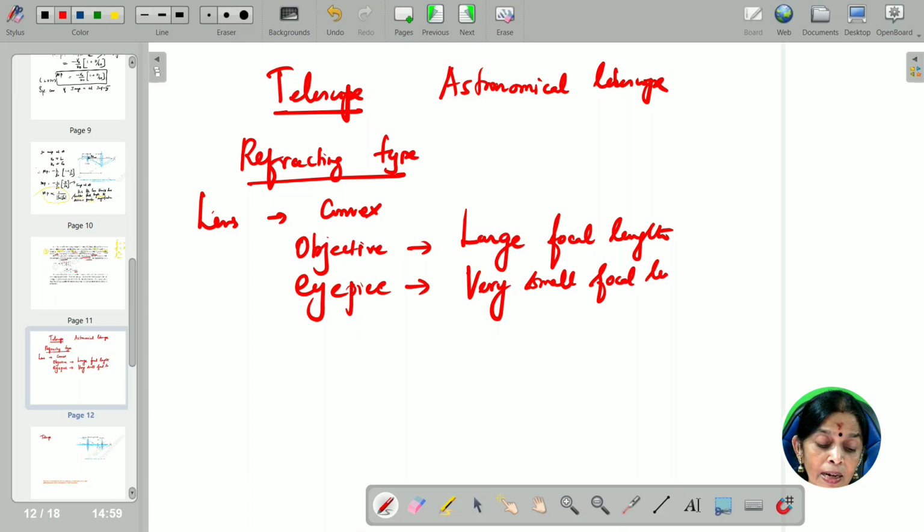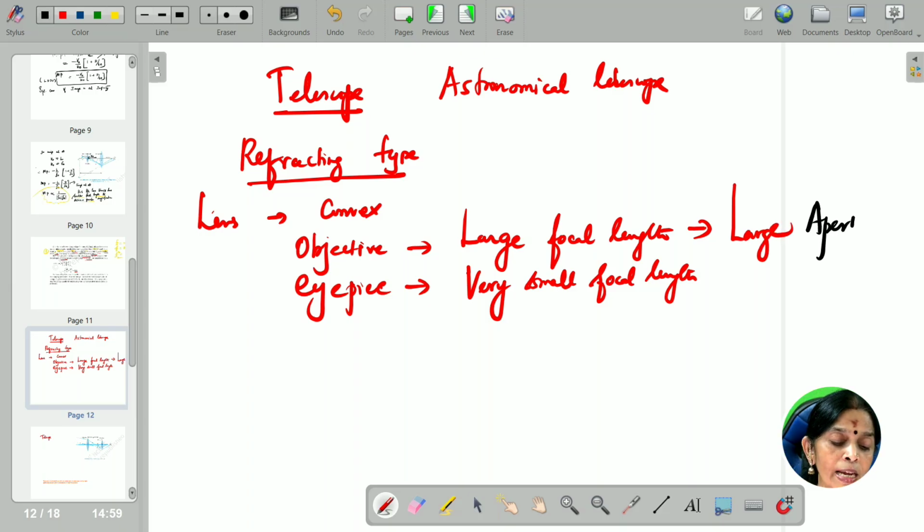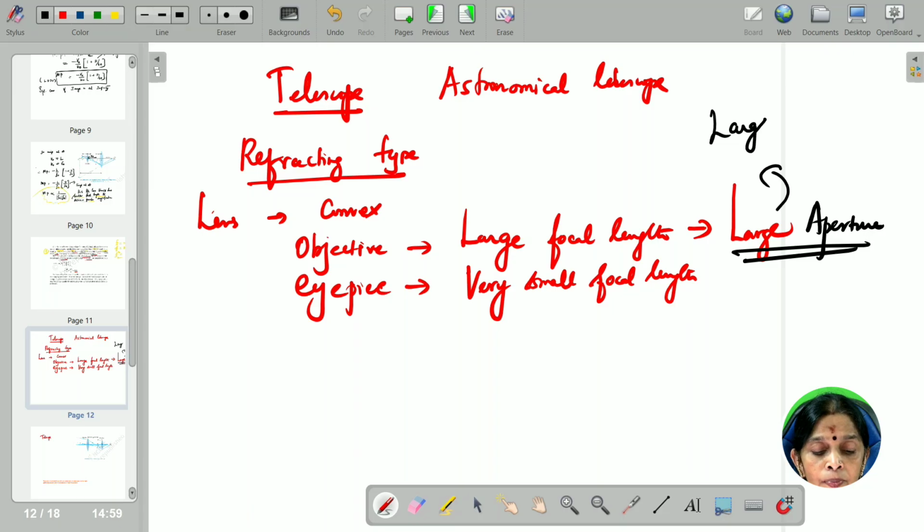It is not only very large focal length, it should also have large aperture. What is the meaning of aperture? The diameter of the lens should be very large. Why? In order to have large light gathering power.